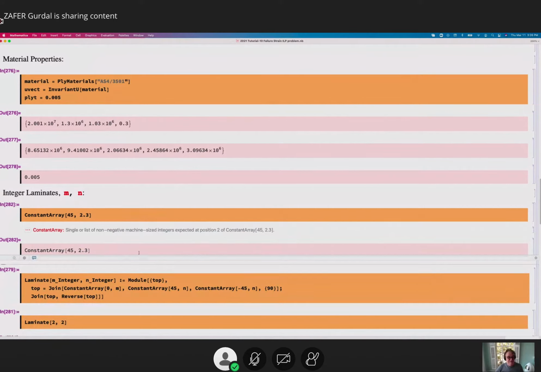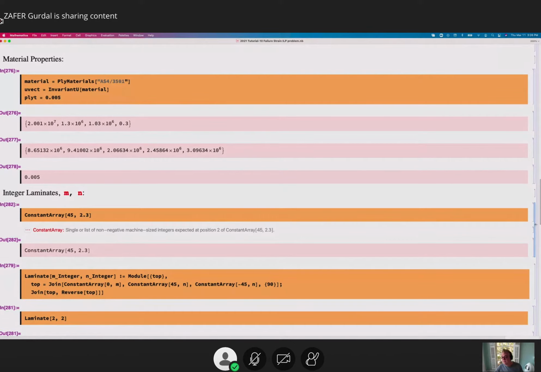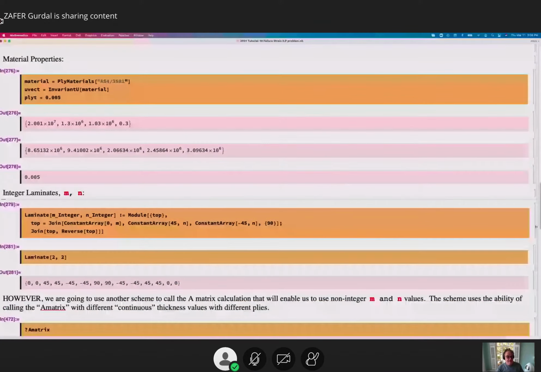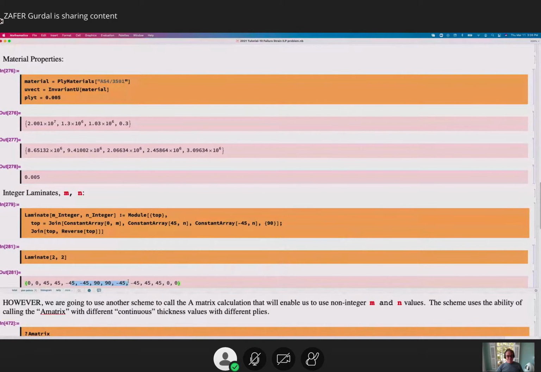You cannot list 2.3 times 45. So this module will not work for non-integer values of the variables M and N. But it does work for what I want to do here.